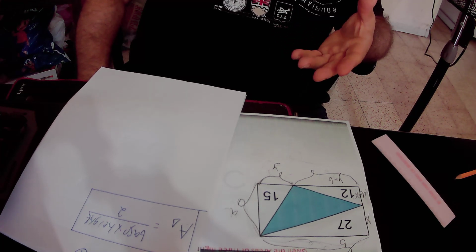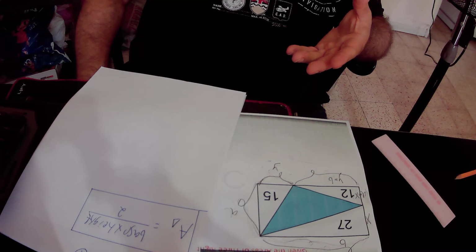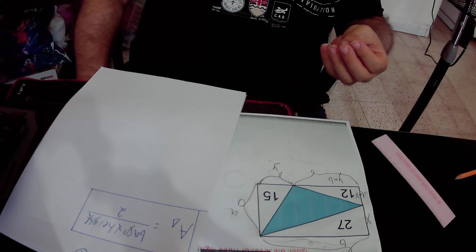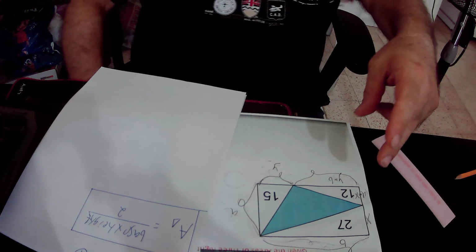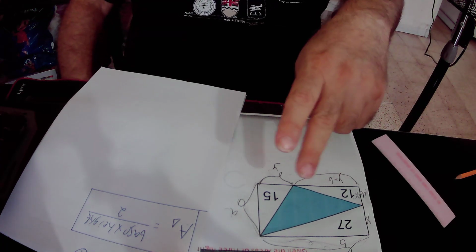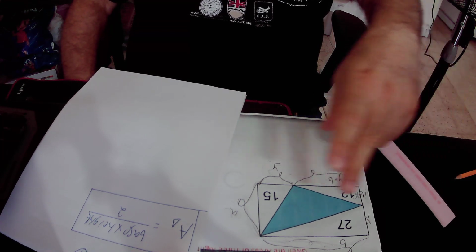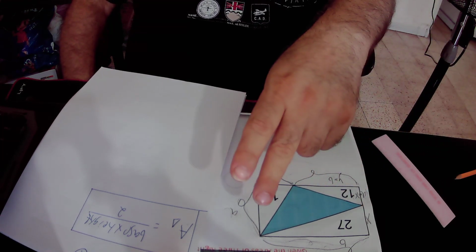This will actually help us to find out the value of A times B, that is actually the area of this rectangle.